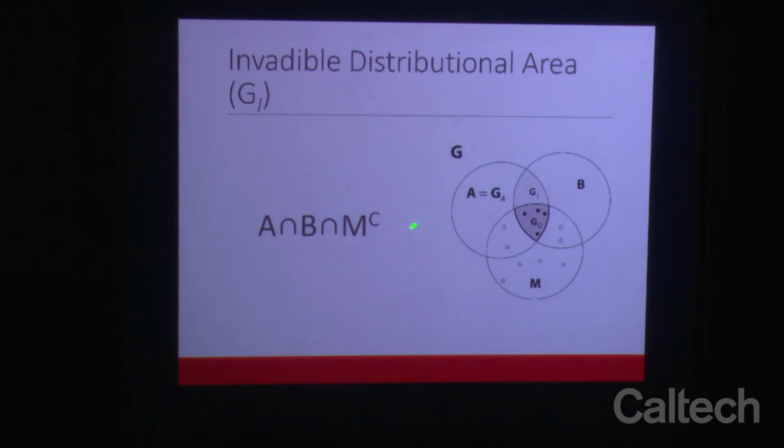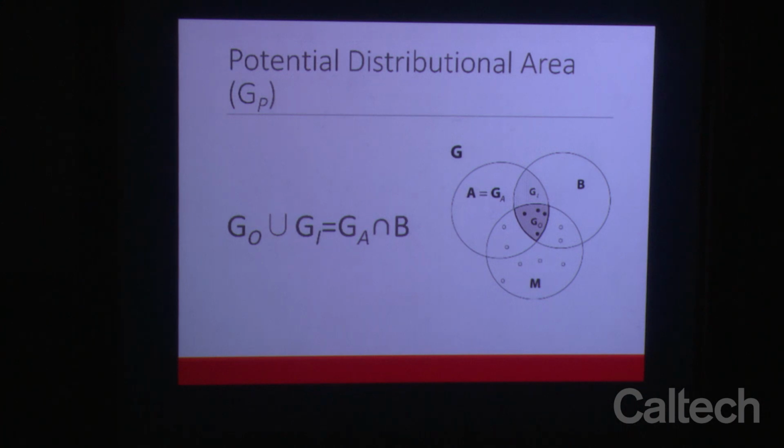These are areas with suitable abiotic and biotic conditions, but the taxon has movement limitations that keep it from accessing those invadable areas. One interesting thing about Charles Elton was that he was also the father of invasion biology, and thinking about invasions and this question about abiotic and biotic conditions where invasions can happen is really crucial. And that full area in total, when you union the occupied geographic areas and the invadable geographical areas, is this GP, the potential distributional area.